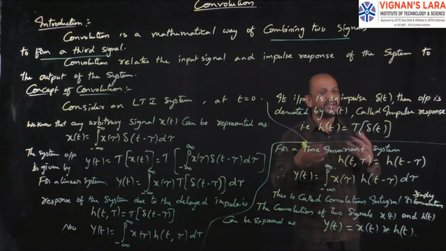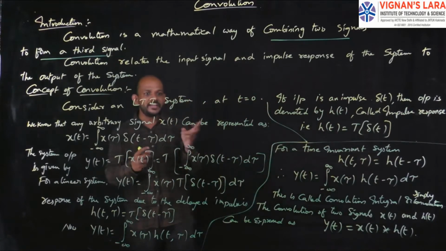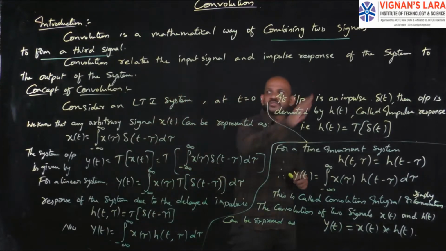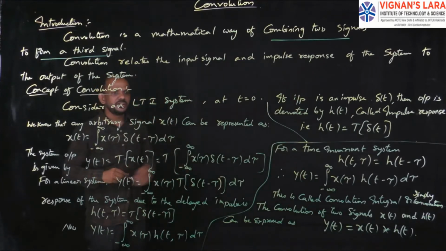In the same way, convolution is also a mathematical way of combining two signals to form a third signal, like addition, subtraction, multiplication. You combine two signals to form a new signal.